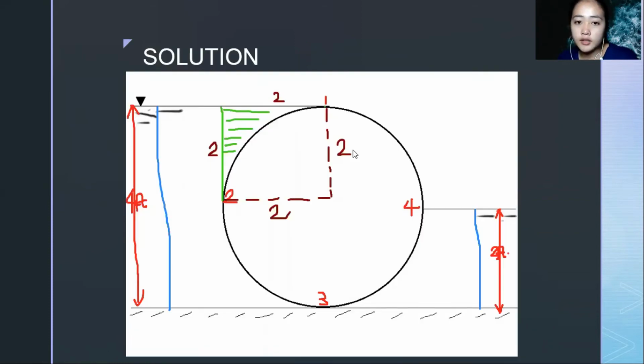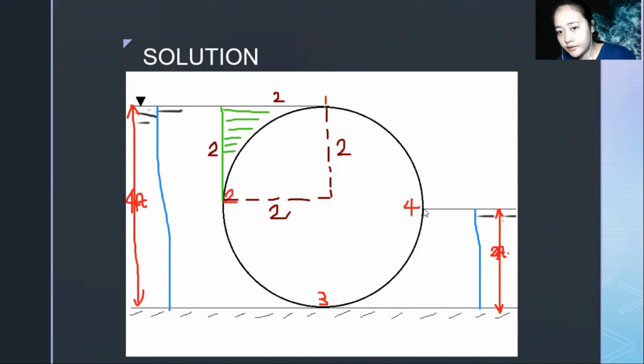So next step is we're going to find the vertical forces at point 3 and 4. So remember that to get the vertical force is to extend the endpoints to the free surface. But in this case, at point 3, there is no free surface here.